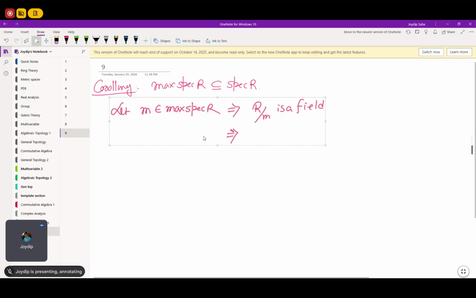So R mod M is an integral domain, so M belongs to Spec R.